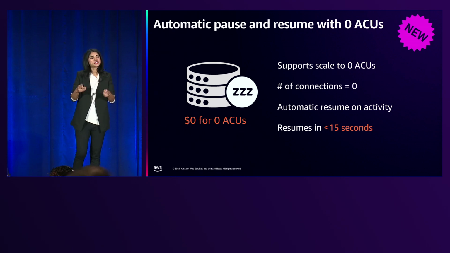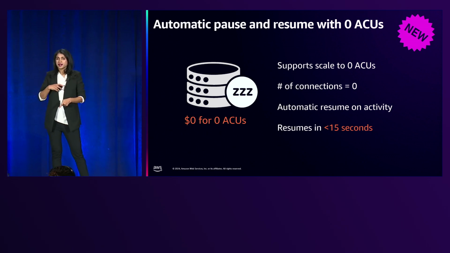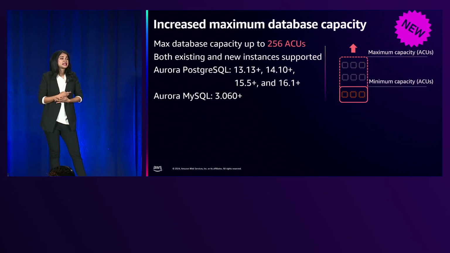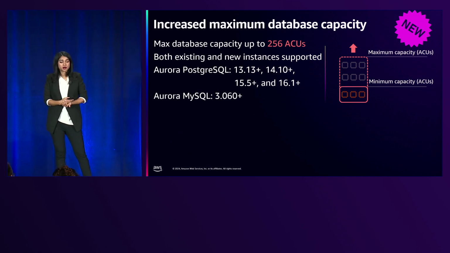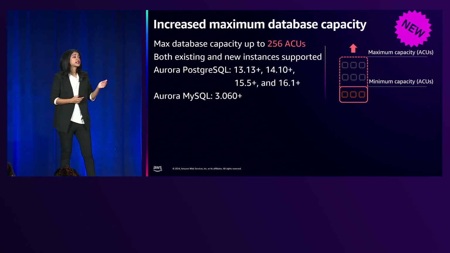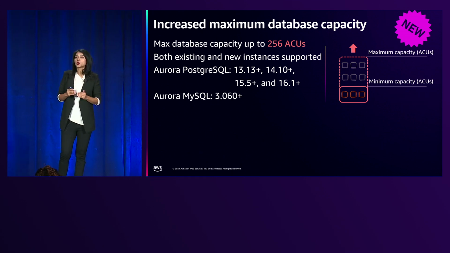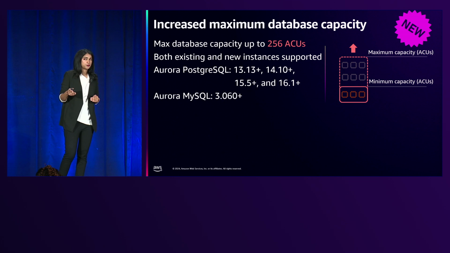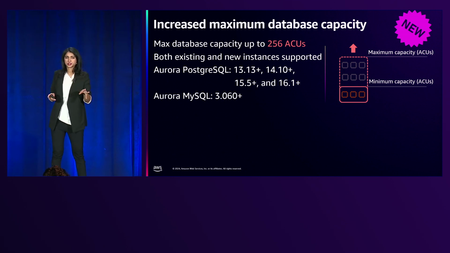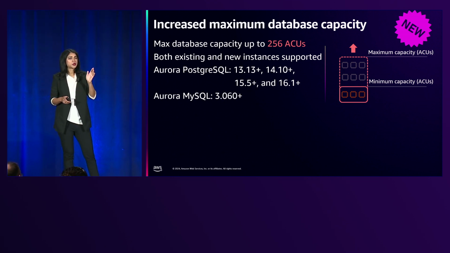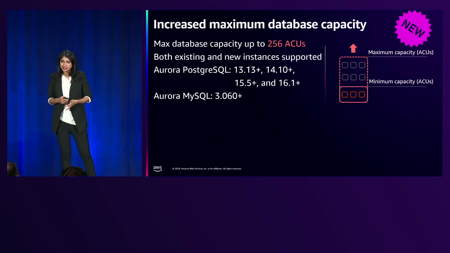Now, in addition to 0 ACUs, a couple weeks back, another announcement that we did was increasing the upper ceiling of what serverless can offer. So previously, it was offering up to 128 ACUs. Now, Aurora Serverless can go up to 256 ACUs. So I said 1:2 ratio, 256 ACUs, so you get 512 gigs now.